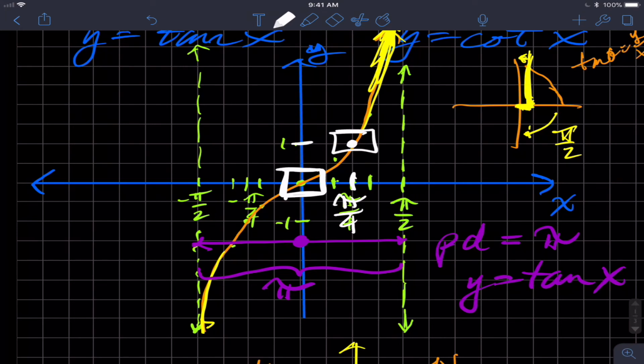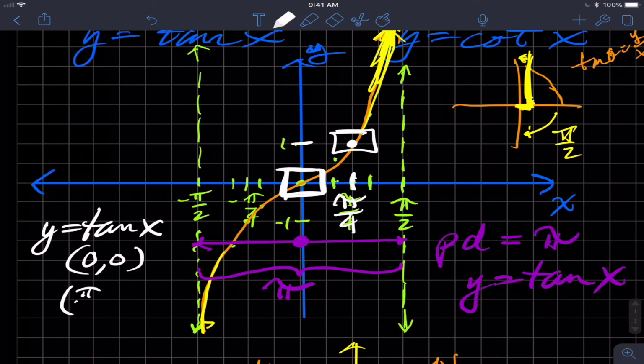So anchor points for y equals tangent x are 0, comma 0, and pi over 4, comma 1. You could also say negative pi over 4, comma negative 1, but that's fine. But you only need 2. If you work these 2 points when you're working on translations and whatnot of these graphs, these transformations of these graphs, you should be okay.